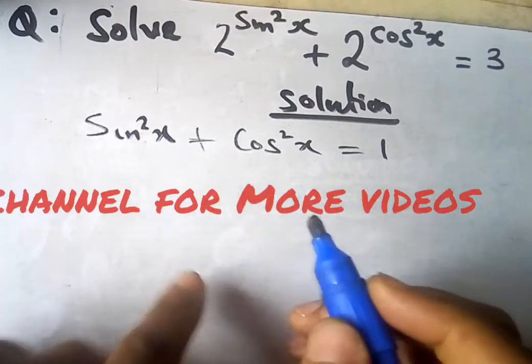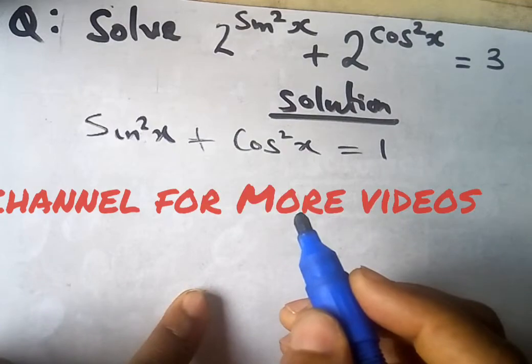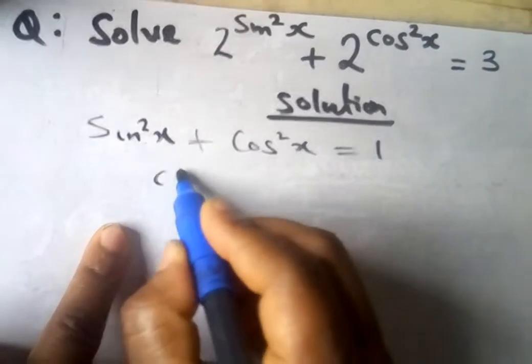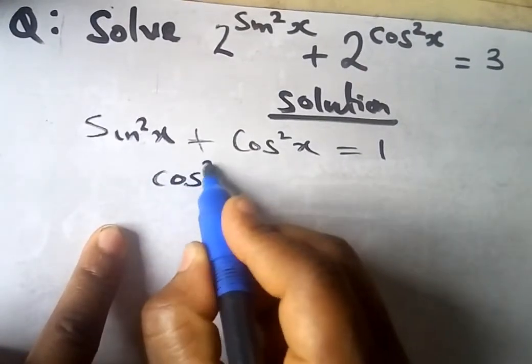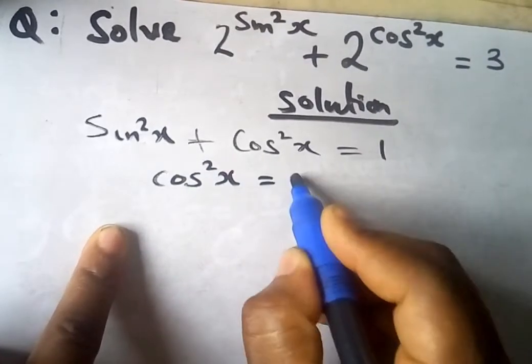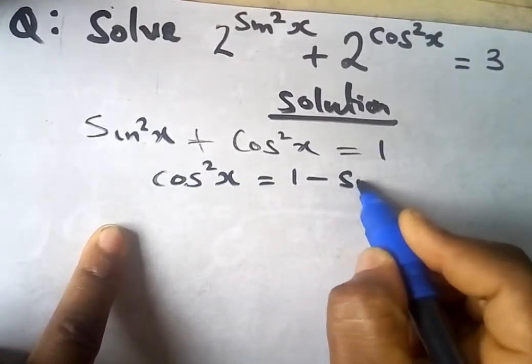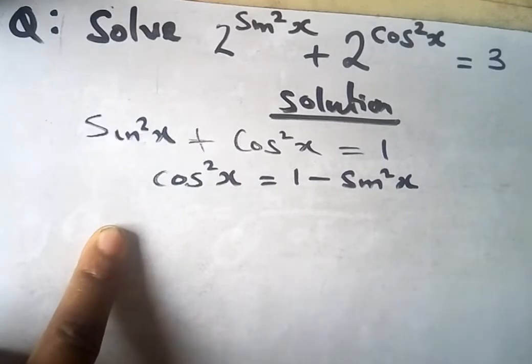Now, if I decide to make cos square x the subject of the formula, I will have cos square x equals 1 minus sine square x.